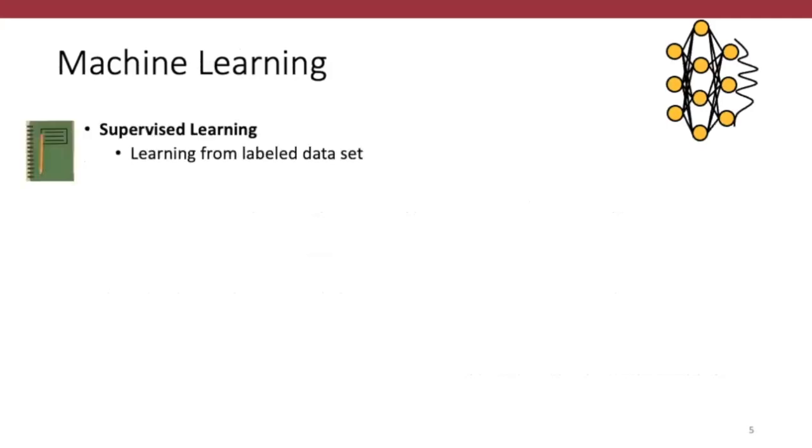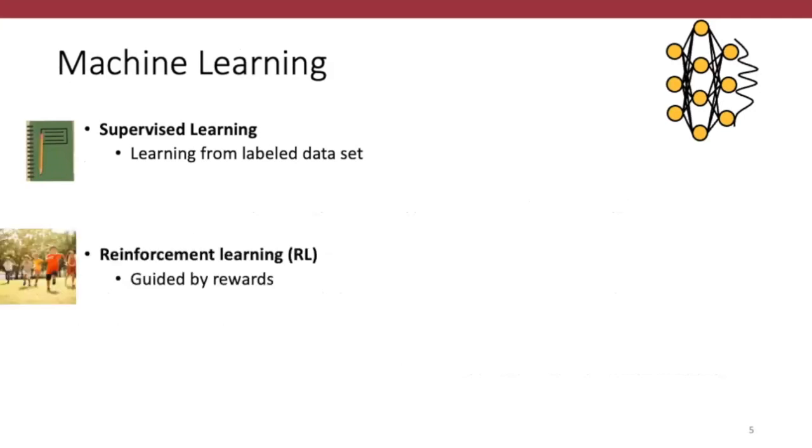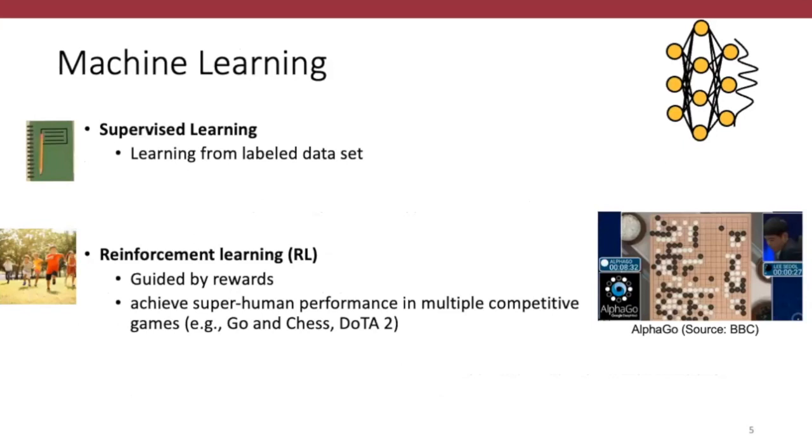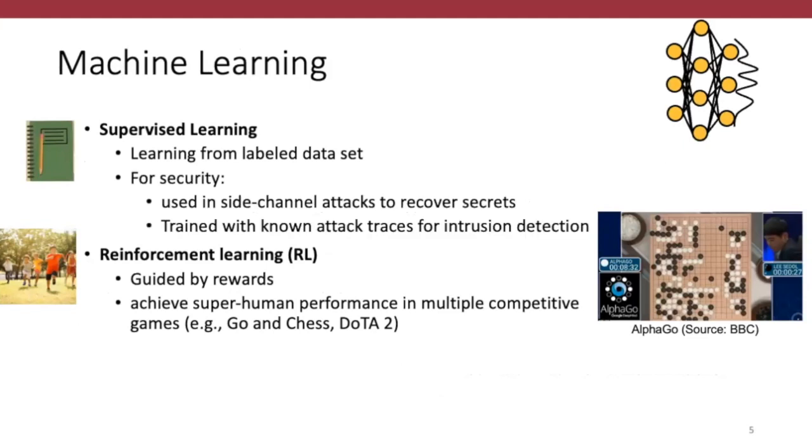In machine learning, there could be supervised learning or reinforcement learning. As Yuandong presented, reinforcement learning today has shown very exciting results. Supervised learning has historically been used for security problems.